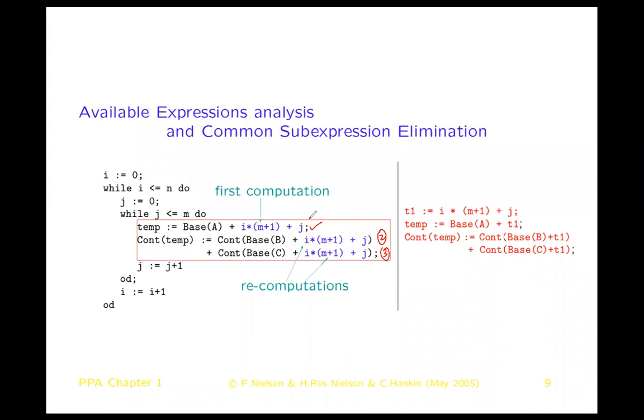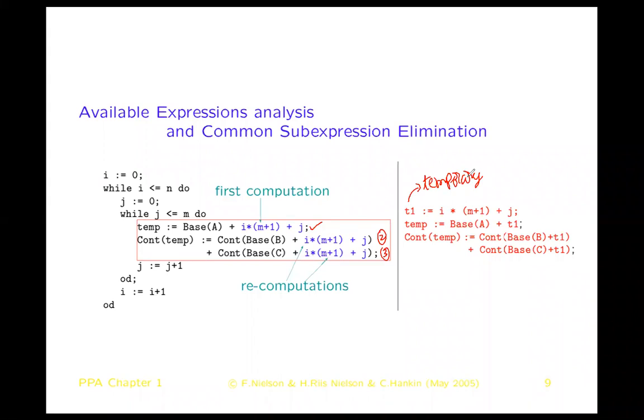The value of the first computation, you store it in a temporary variable T1. This is what is called a temporary variable. During IR generation and code generation, the compiler uses lots of temporary variables which are not visible to the end user.